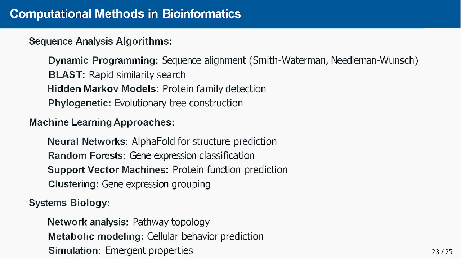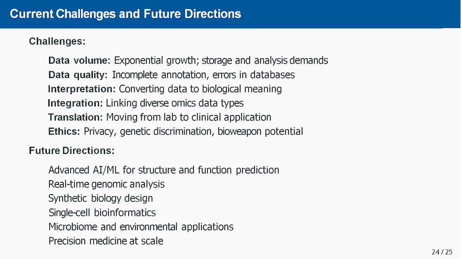Previously neural networks were popular, so that is AlphaFold for structure prediction; random forest and support vector machine models are useful for protein function prediction, and clustering is useful for gene expression grouping. And finally systems biology, which includes network analysis, that is pathway topology, metabolic modeling, cellular behavior prediction and simulation, which will give rise to emergent properties.